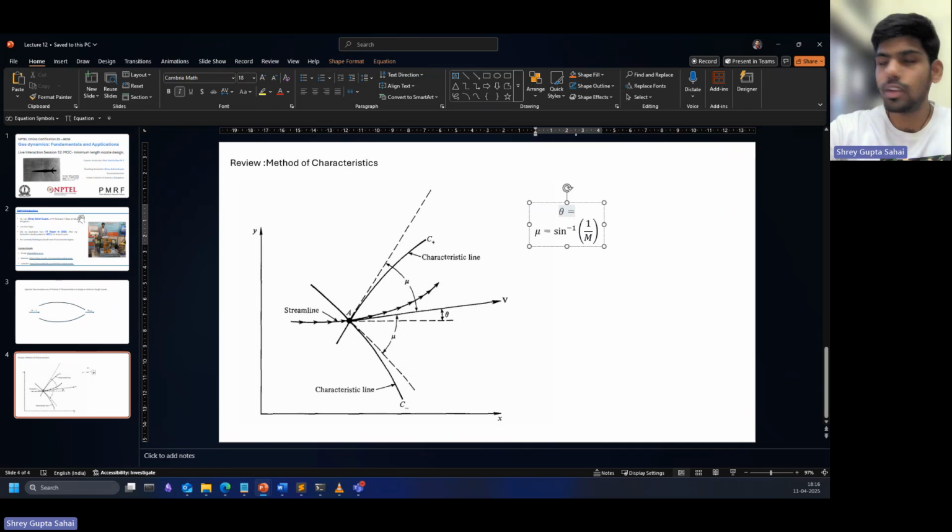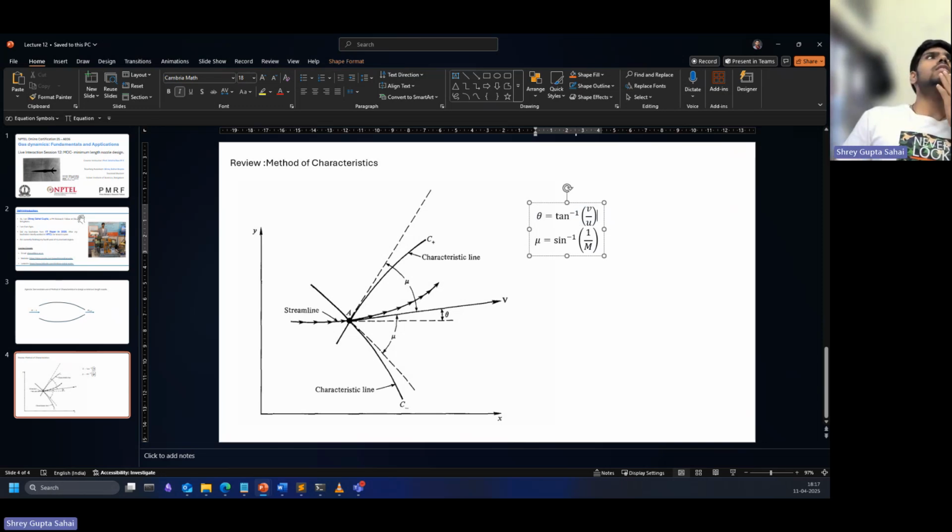So it's actually tan inverse v by u. Okay. Yes, so this is what it is.